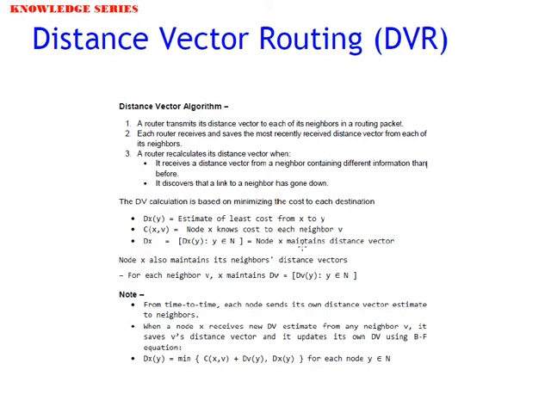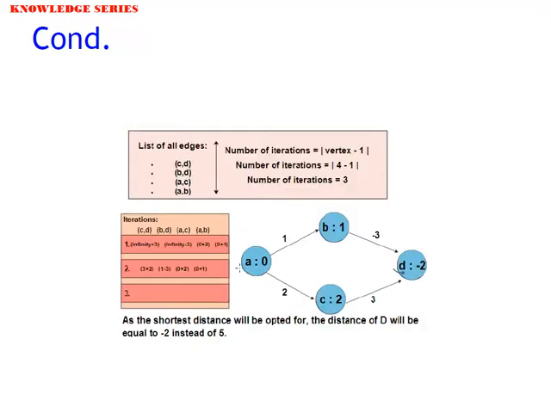That means if you look here, after the first iteration, a knows what this cost is and a knows what this cost is. So after the first iteration, a will try to learn the information. Thereby in the second iteration it is going to update it.